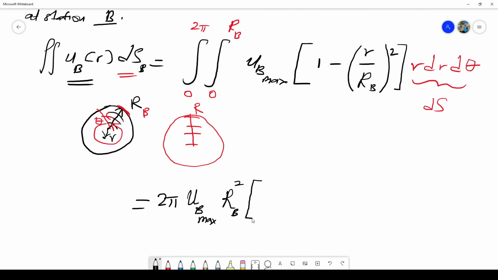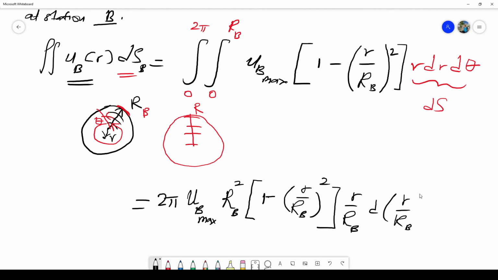Then we have the terms 1 minus R over RB square, and then R over RB, and R over RB again.